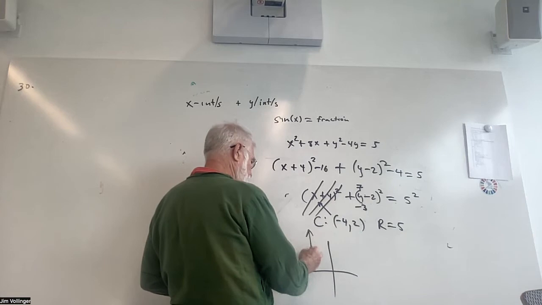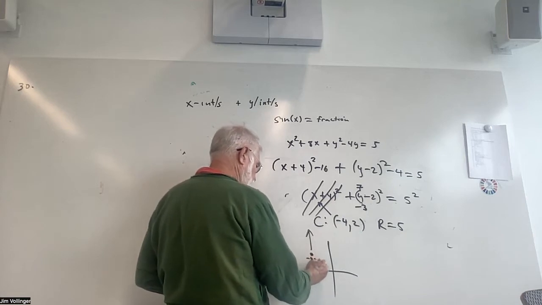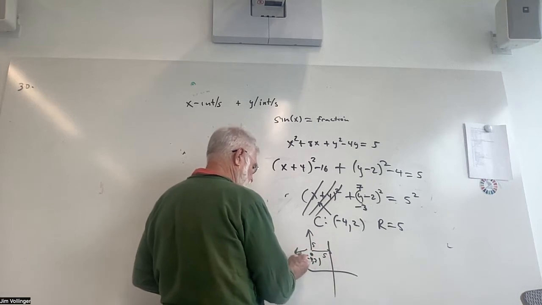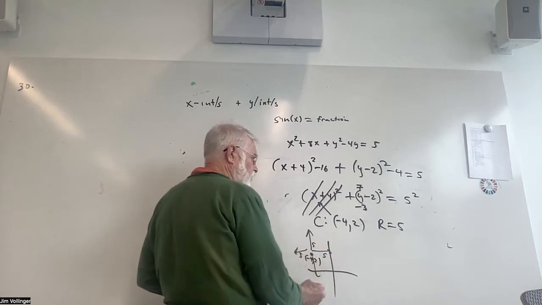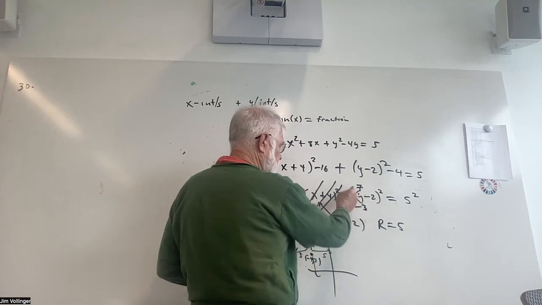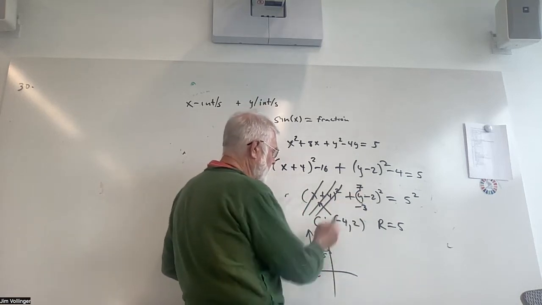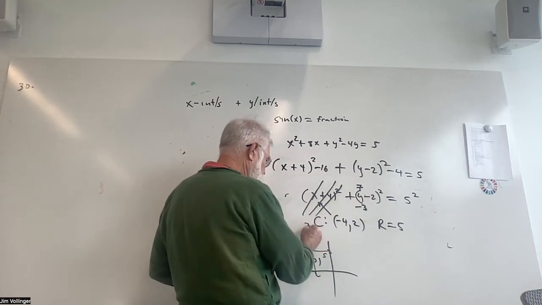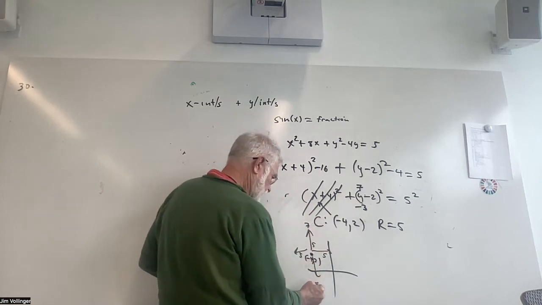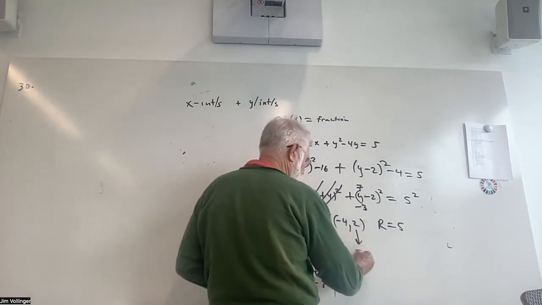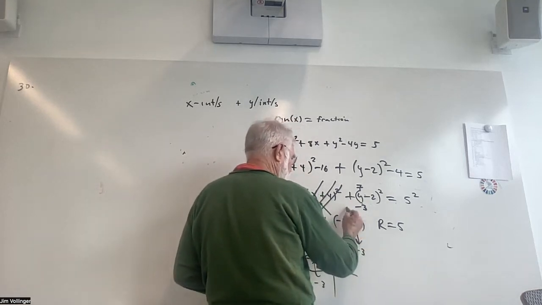And I'm just going up from negative 4, positive 2. Going up 5, going to the right 5, going to the left 5, going down 5. What did we do? We looked at 7, comma, so oh, that's a y value, sorry. So this is a height of 7, and then it goes down to negative 3. And I hope you can see that from 2, if you go down 5, negative 3, and if you go up 5, 7.